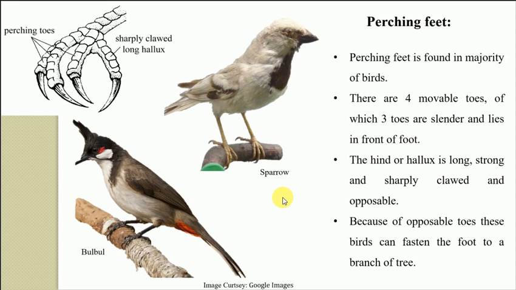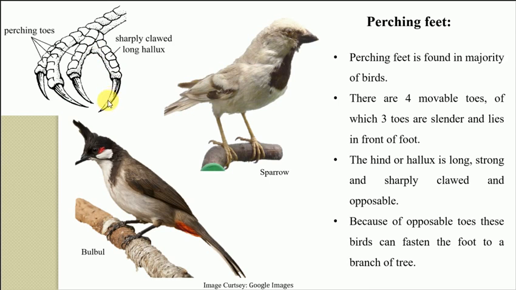In this type of feet, there are 4 movable toes. So here in the diagram you can see there are a total of 4 toes, and all these 4 toes are movable ones, of which the 3 toes are slender and lie in front of the foot, while the hind toe is also referred to as the hallux.